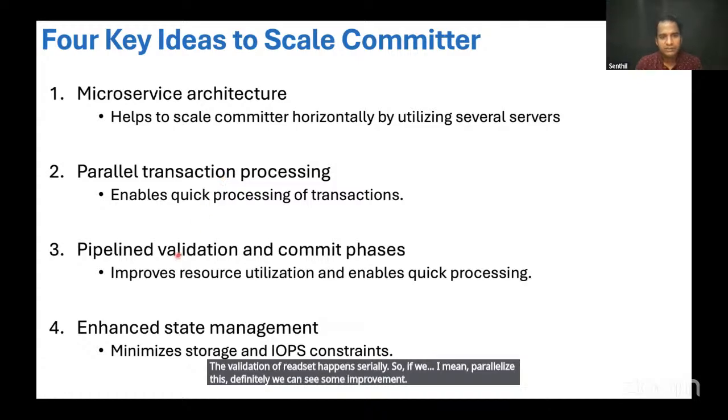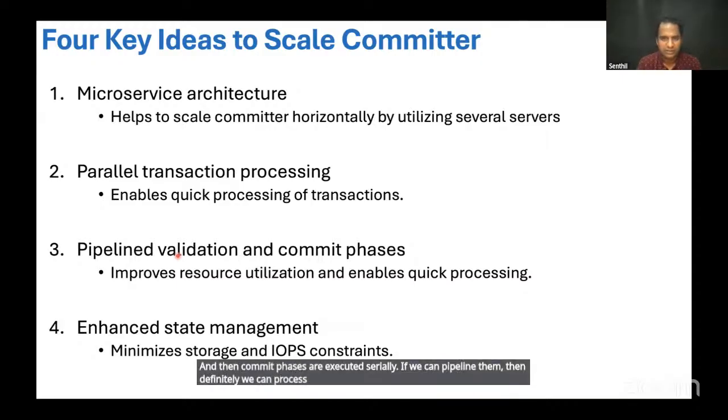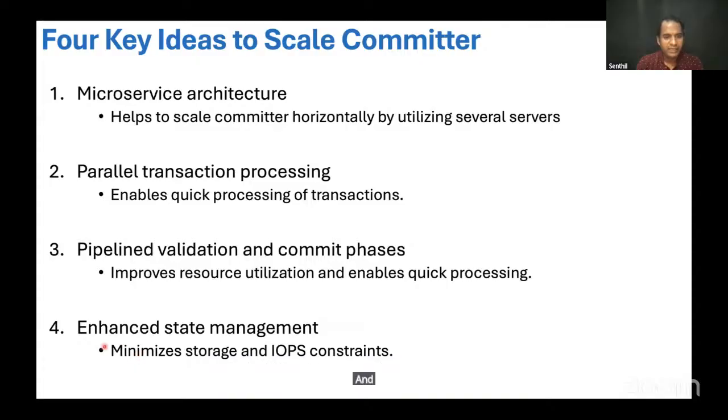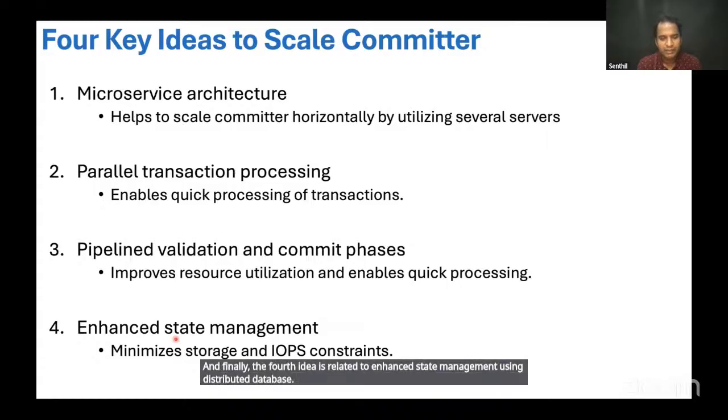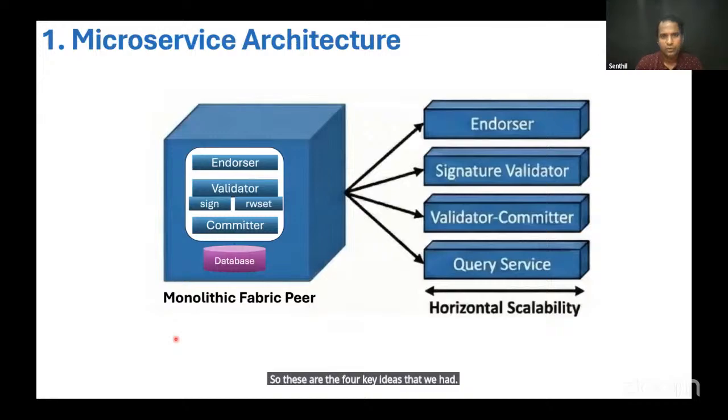The third one is pipelined phases. Currently the validation and commit phases are executed serially. If we can pipeline them, then definitely we can process transactions quickly. And finally, the fourth idea is enhanced state management using a distributed database, so that we can minimize the storage and IOPS constraint. So these are the four key ideas that we had. Let's go into each of them in a little more depth.